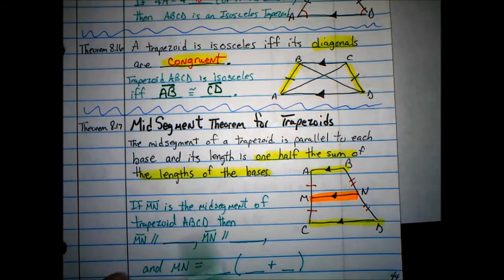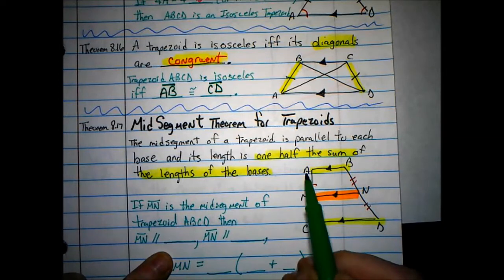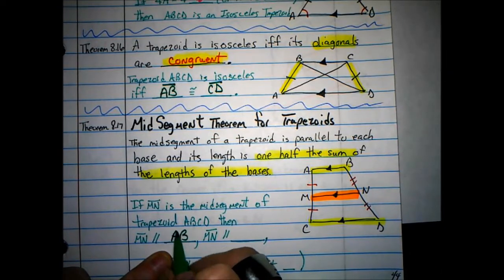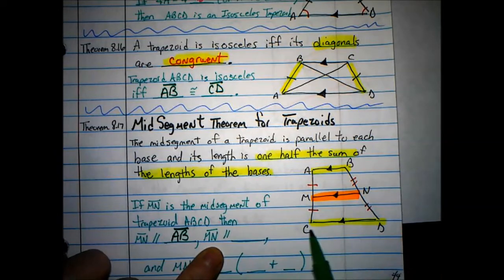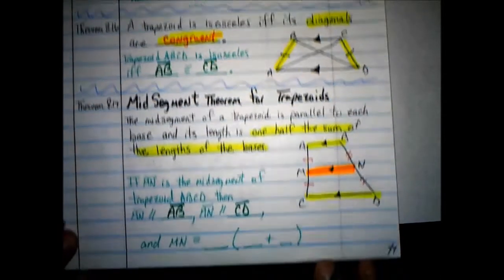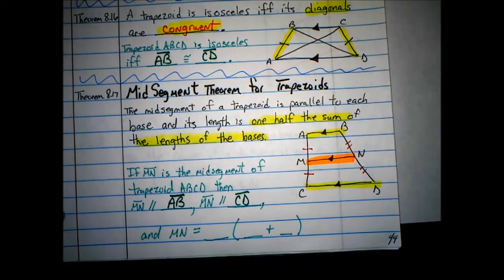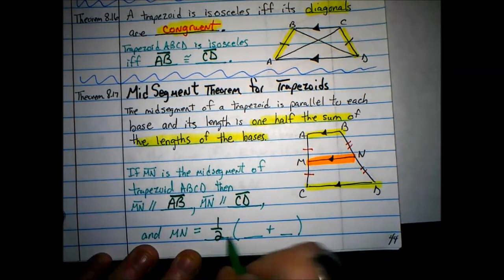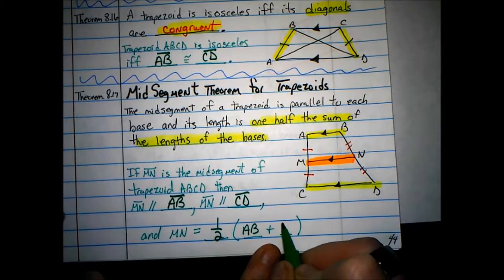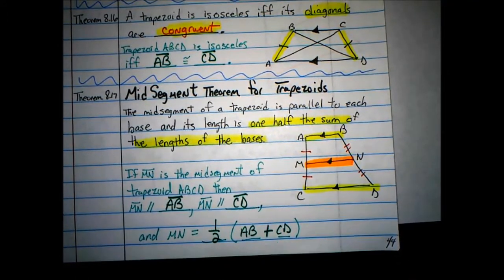Then MN is going to be parallel to the top base, which is AB, and it's also parallel to the bottom base, that is CD. Also, the formula, when we put numbers in here, this is going to be half of AB plus CD, and it'll give us our actual measurement. So it's almost like taking the average of the two.